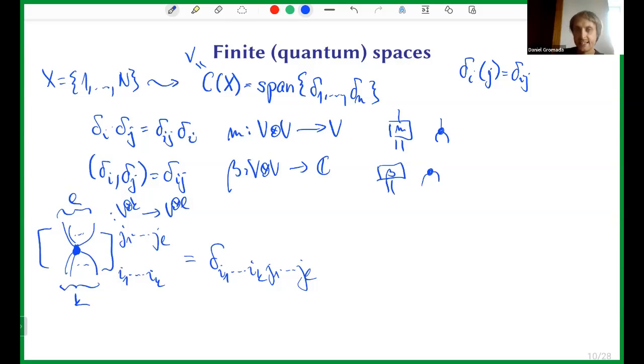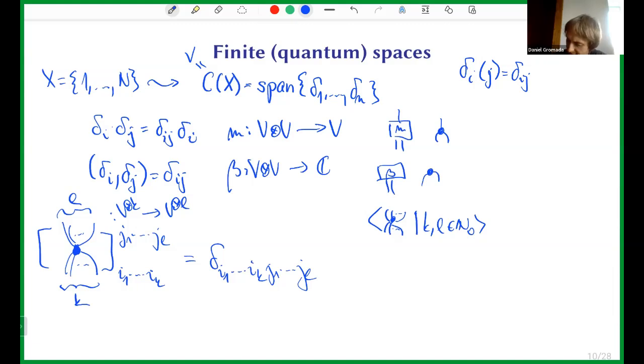And so what is the category generated by these? Well, first, let's have a look at the category generated by all the spiders. What does this category contain?